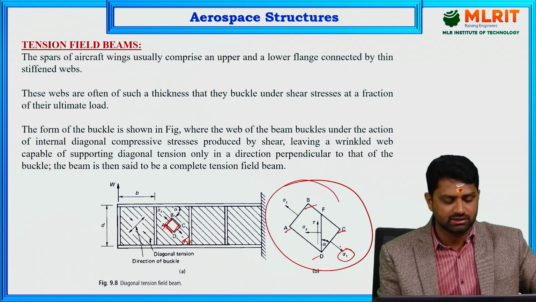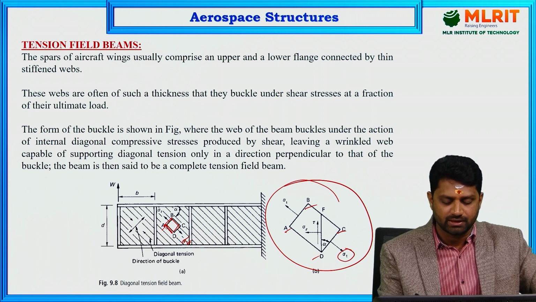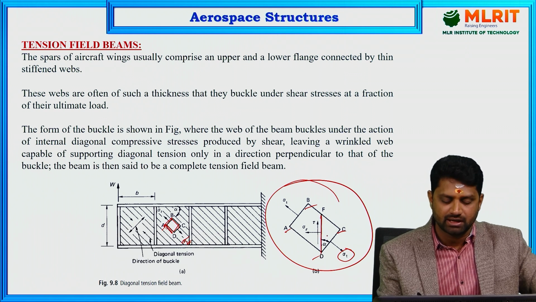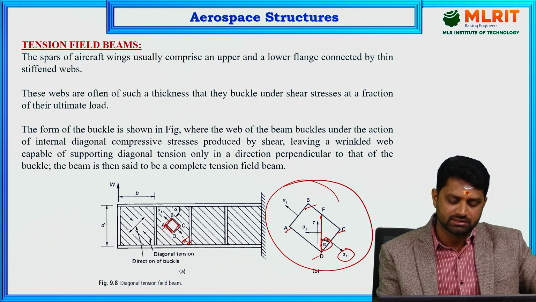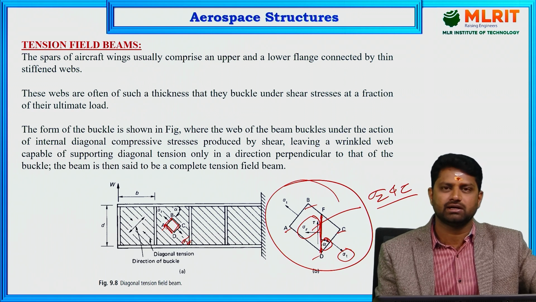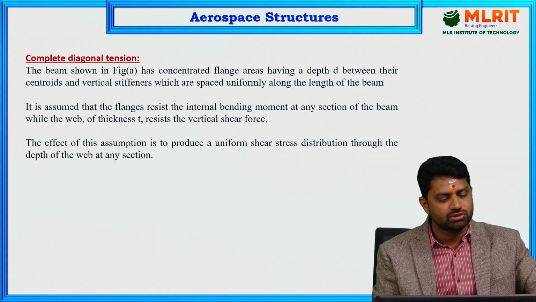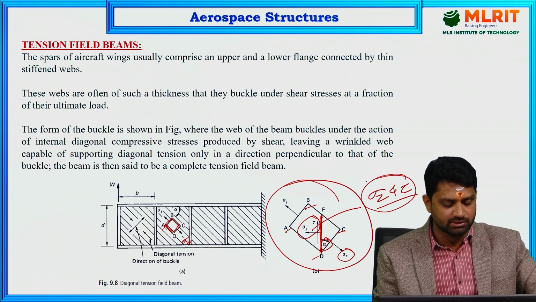Sigma T is the tensile stress, and then we consider a plane, the FD plane, where alpha is the angle of diagonal tension. On this inclined plane we represent two stresses, sigma Z and tau, which are acting on the inclined plane. We need to find the expressions for these in the coming slides.